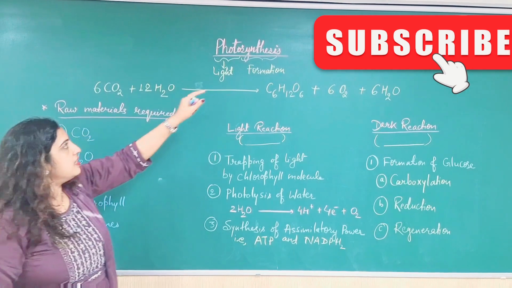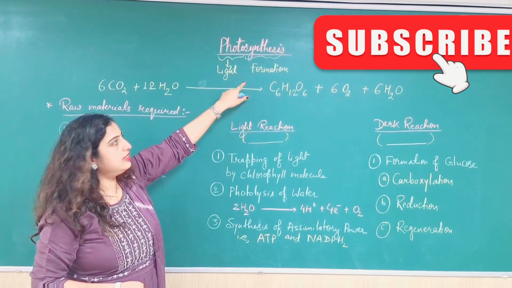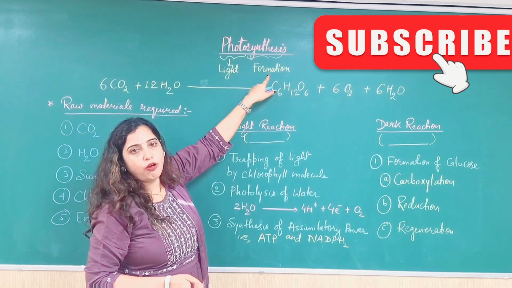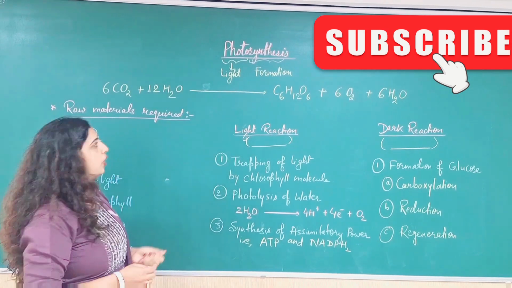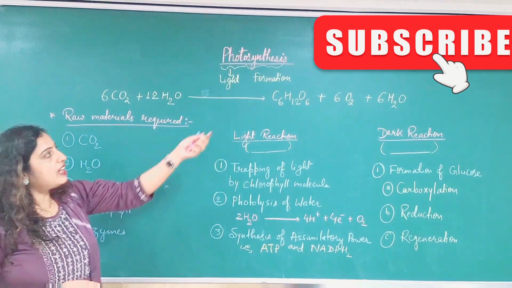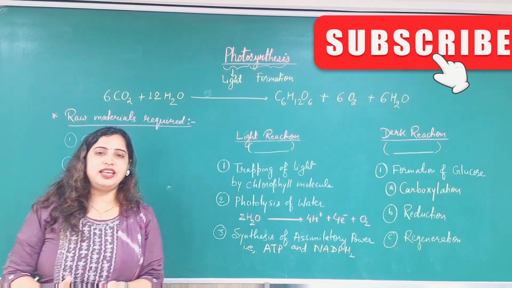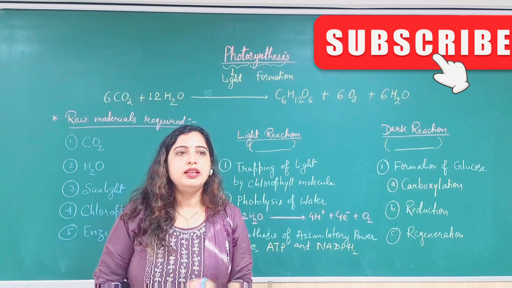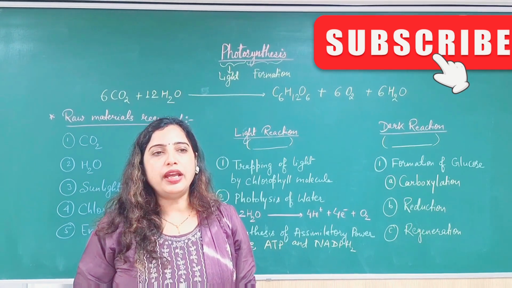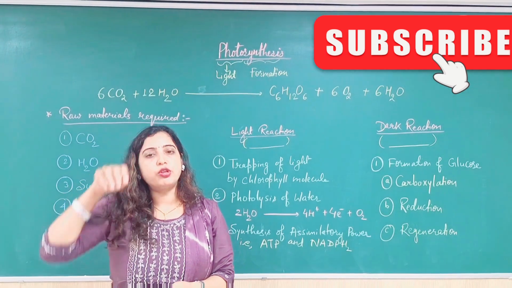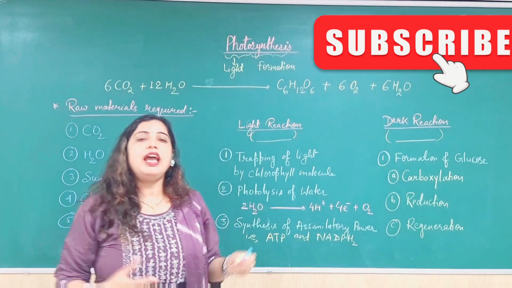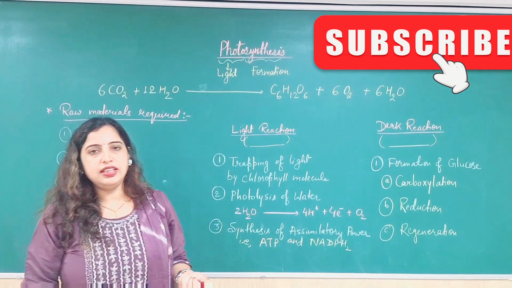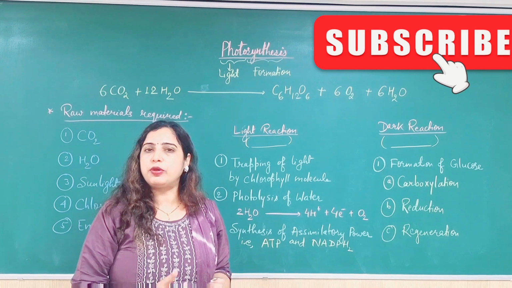As the name suggests, photo means light and synthesis means formation. I will explain what is being formed here. It's a kind of formation, like if you're preparing any food item, you must need some raw material for that. A kitchen, of course, and a source of energy, that is your gas cylinder, is providing.